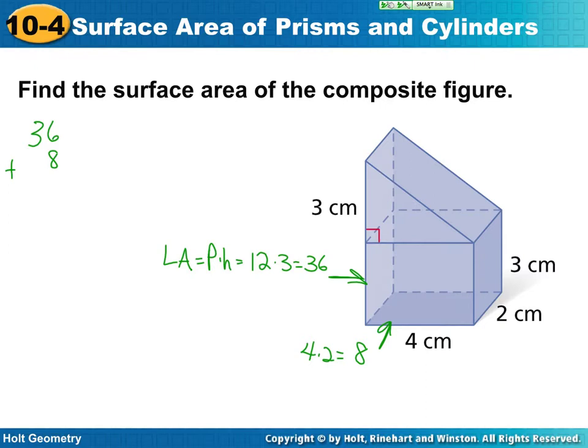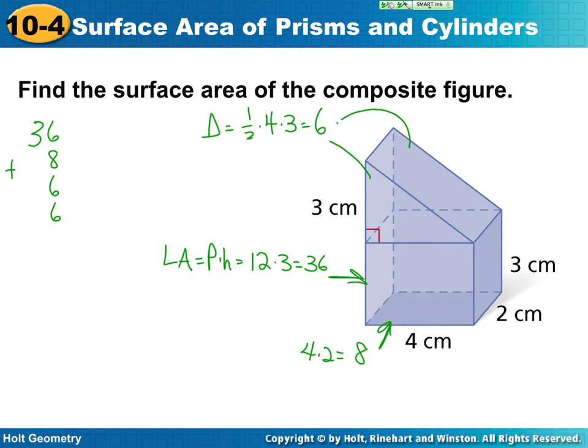The triangle is 1/2, what's its base and its height? Height 3. Base is 4, so 1/2 of 4 times 3, half of 12 is 6. We have another triangle back here, don't we? So we want 2 of those. So we want a 6 and another 6 for the 2 triangles, or 12.